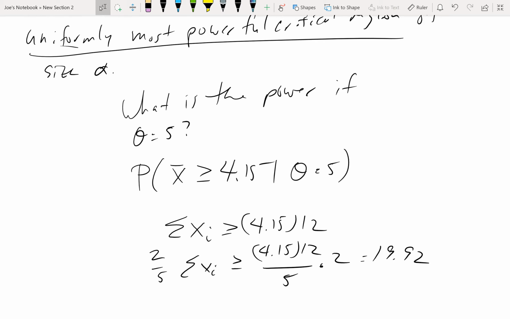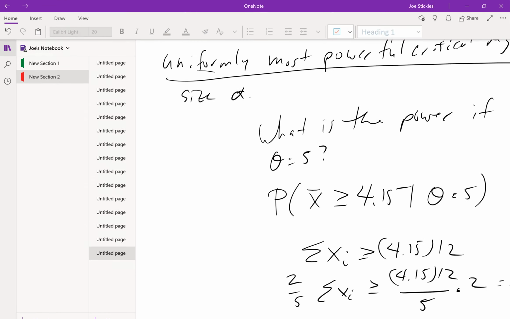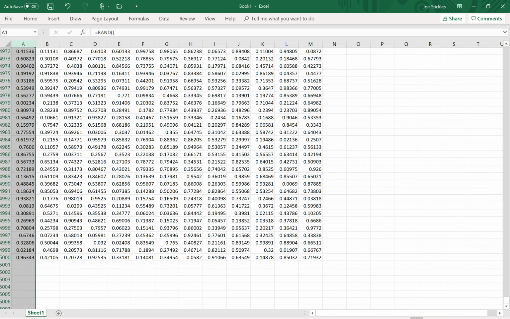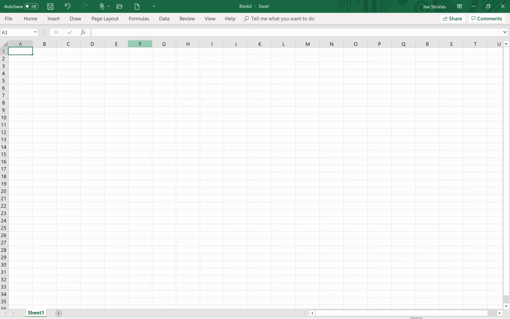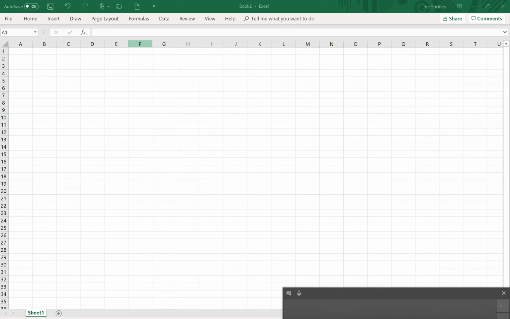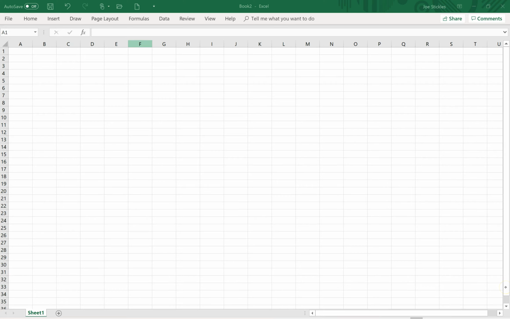I could do it with a table, but all the table would tell me is it's between two things. So let's go back and get an Excel open, a new sheet here. This is being a pain.